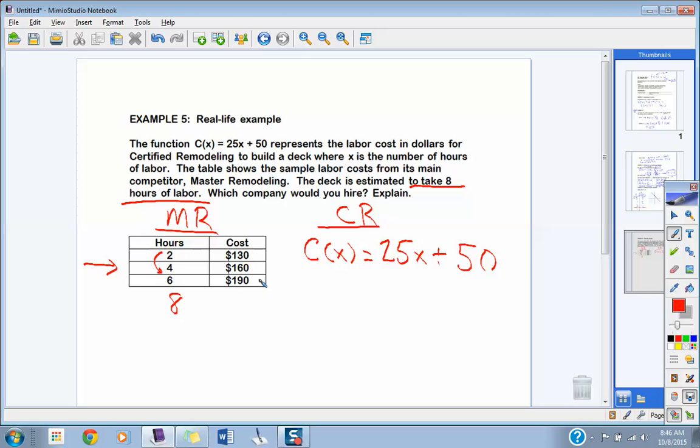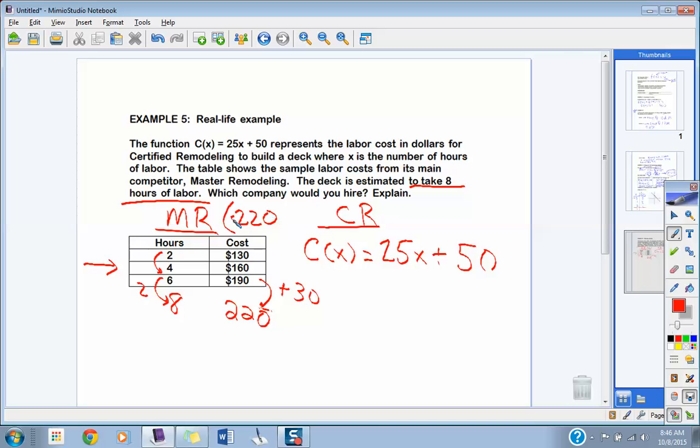So another $30 jump here. Another $30 jump for another 2 hour jump right here. How much is that cost going to be again? $220. So the cost for 8 hours of labor for Master Remodeling would be $220.